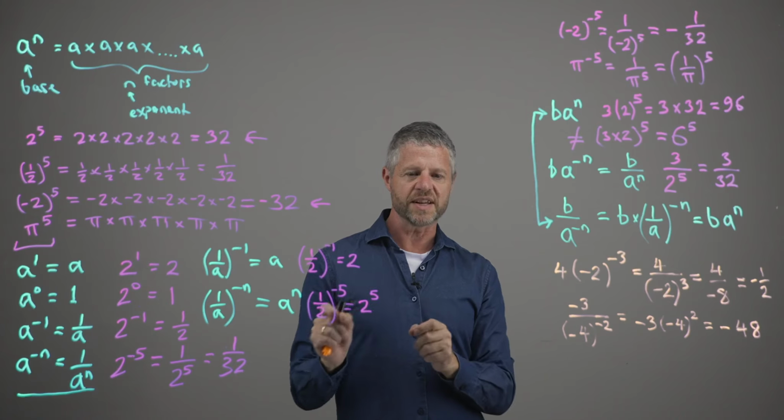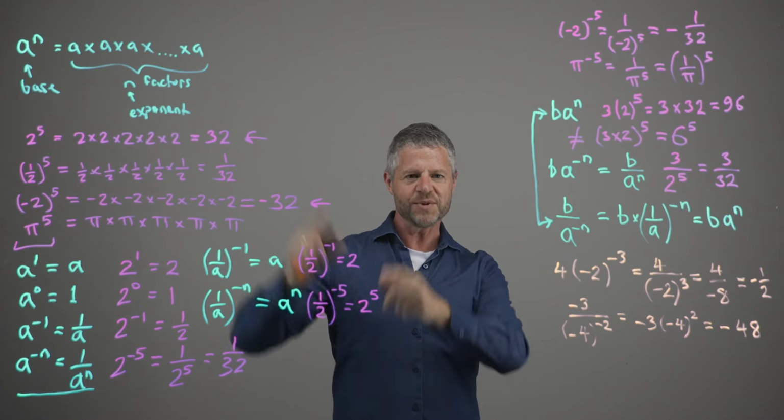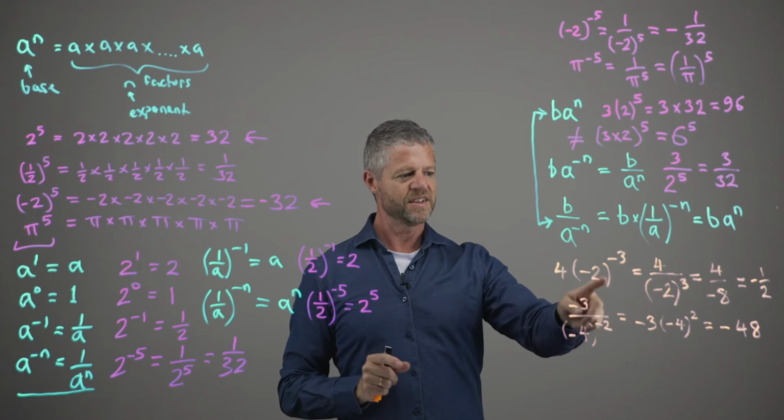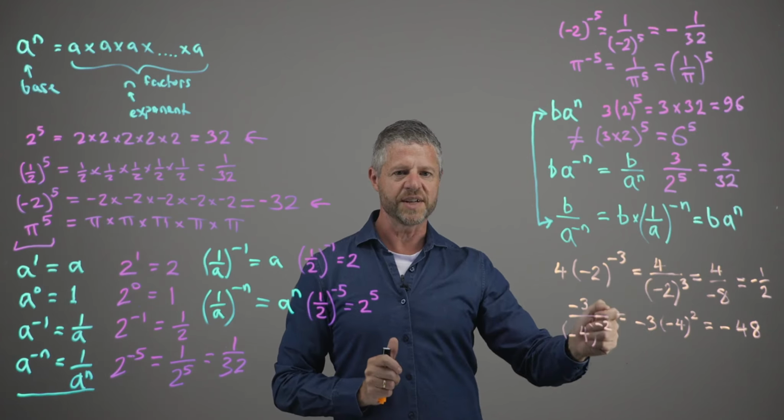So that's how to deal with negative exponents. You kind of switch them, move them either up or down, and change the negative exponent into a positive one, and then you can do the evaluation.